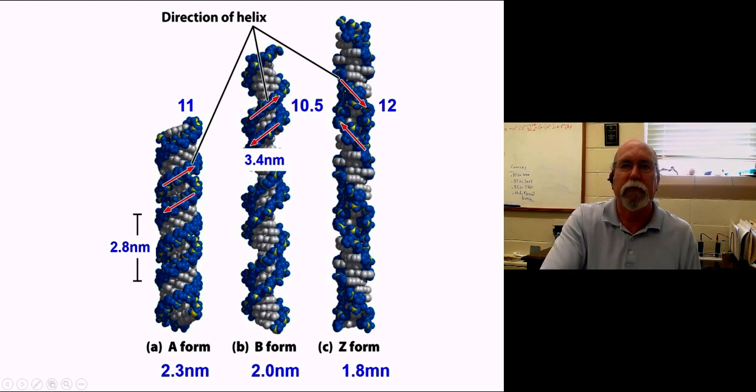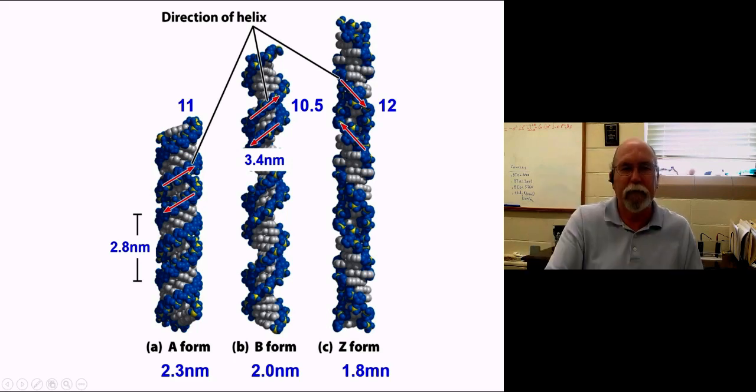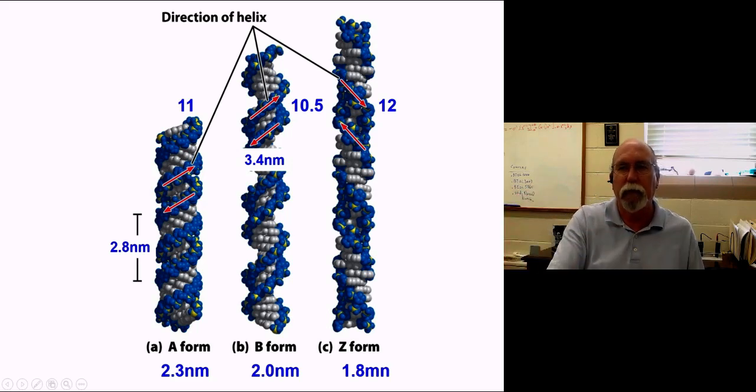Once you compress it, then you also have the number of bases per turn. Remember, we're talking about this being a spiral type of function. In the A form, you have about 11 bases per turn compared to a little over 10 that we record in the Watson-Crick model, the beta form. And then in the Z form, which again is reversed, it's a left-handed helix, and it's a weird, irregular helix.